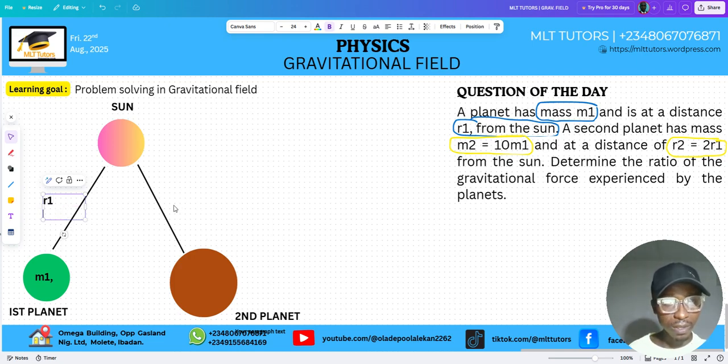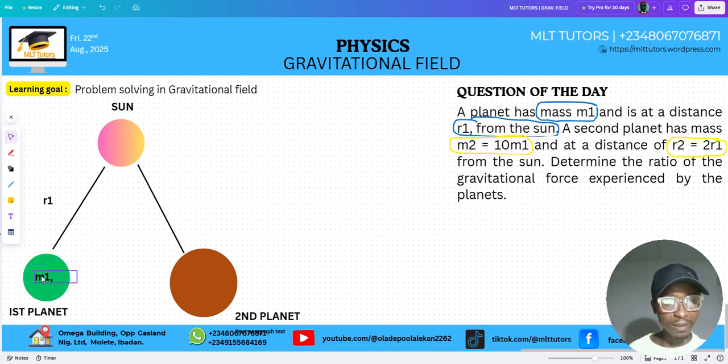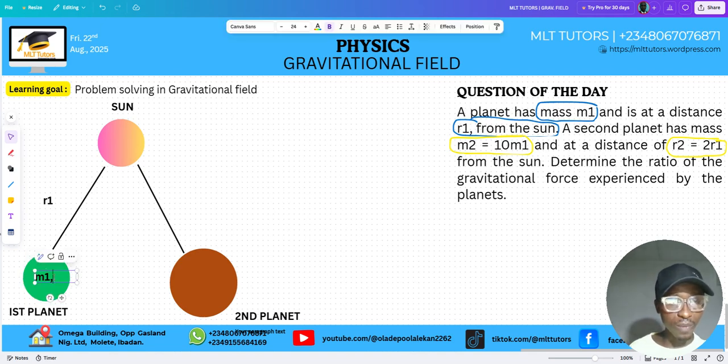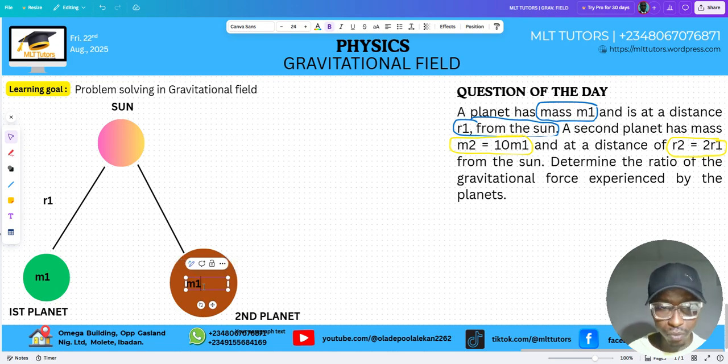Then let's get the mass of the second planet. And what's the mass of the second planet given in the question? That is M2, and that is equal to 10 of M1. Okay, that's cool.